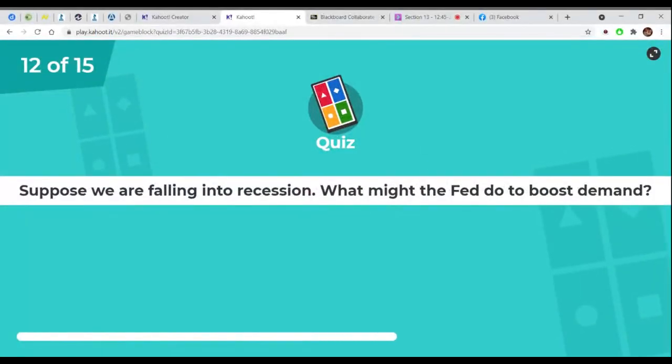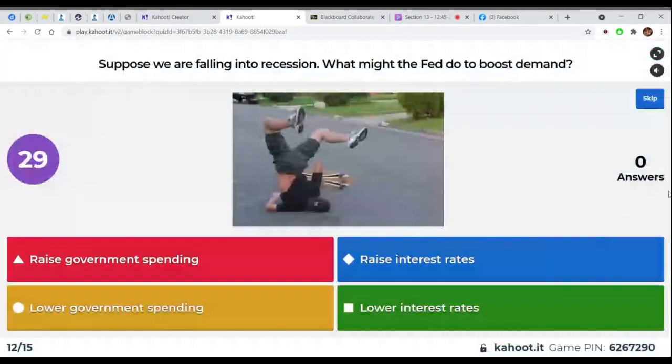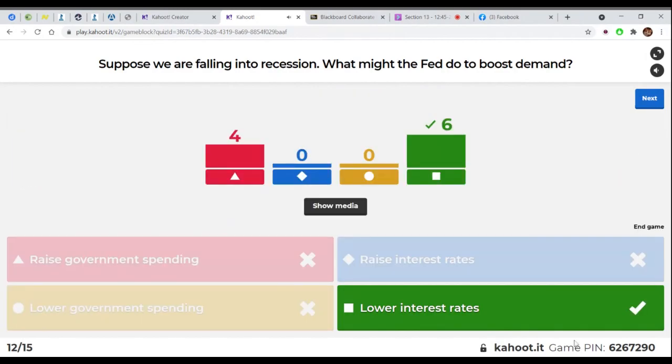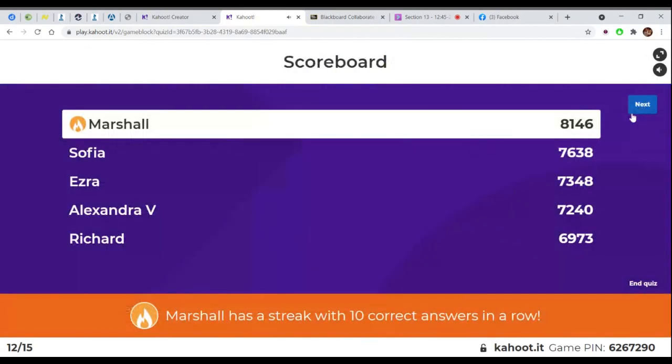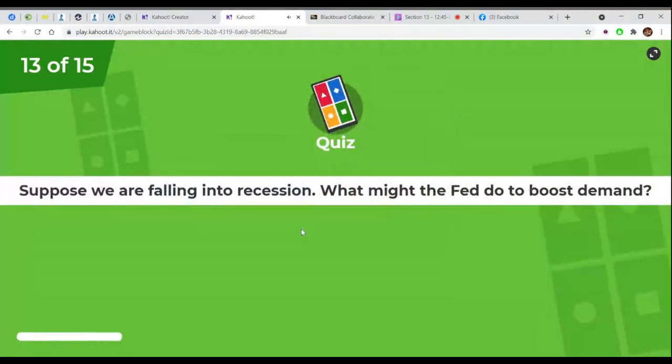Suppose we're falling into recession. What might the Fed do to boost demand? Lower interest rates. They can't raise government spending because that would not be the Fed. All right.